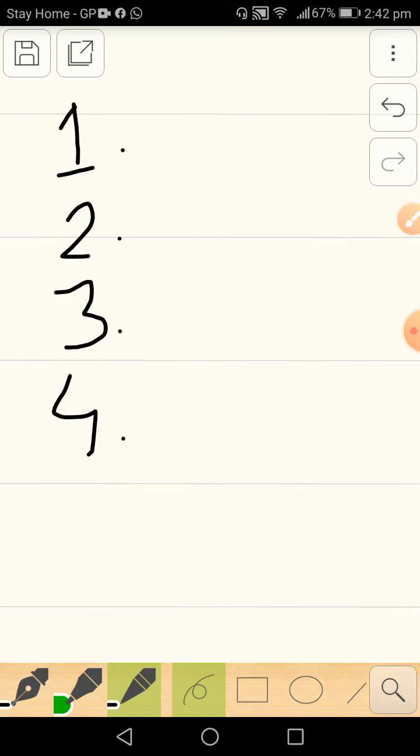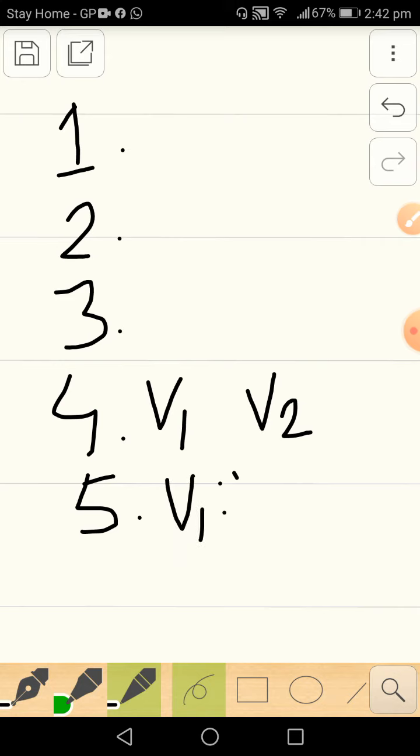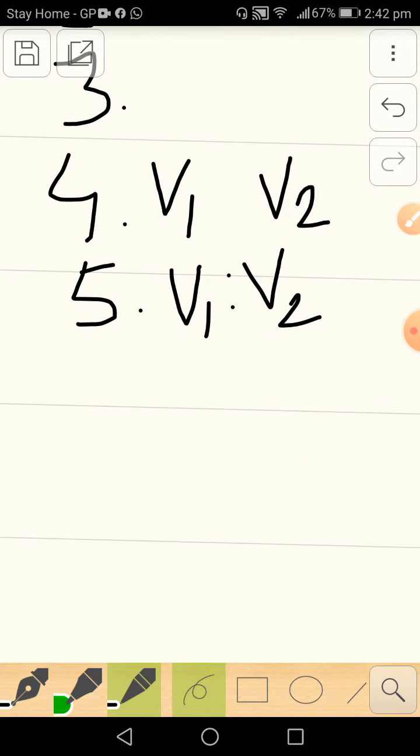If the measured volume of the first solution was V1 and the recorded volume of the second solution is V2, then number 5, calculate the ratio of the volumes of the solutions, V1 to V2.